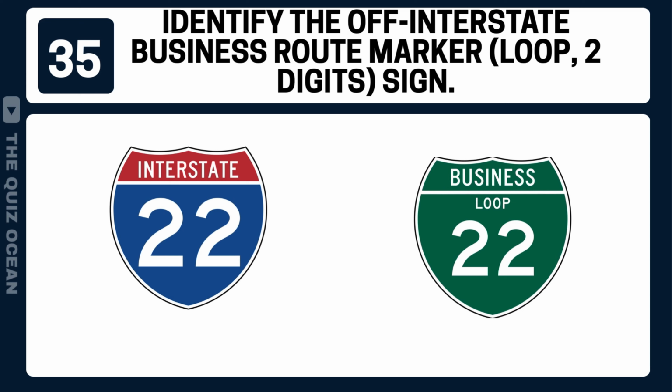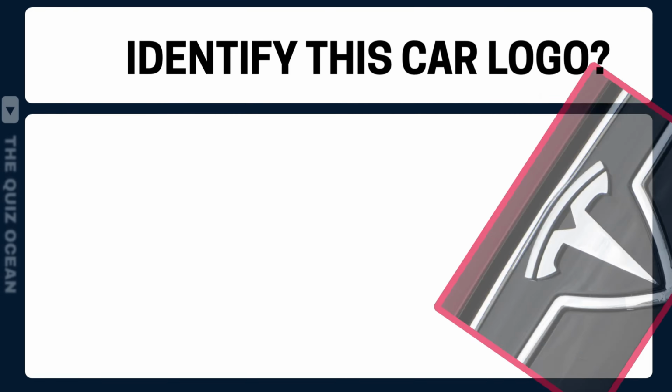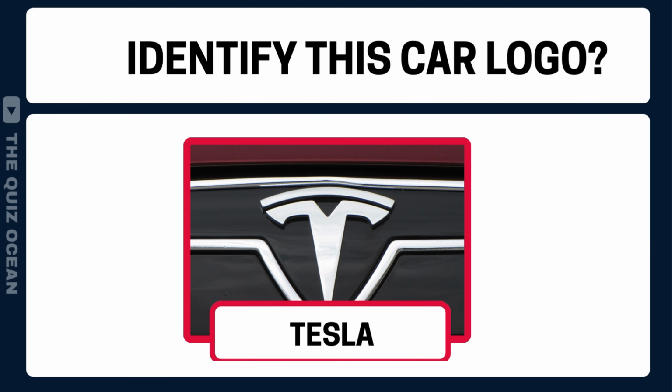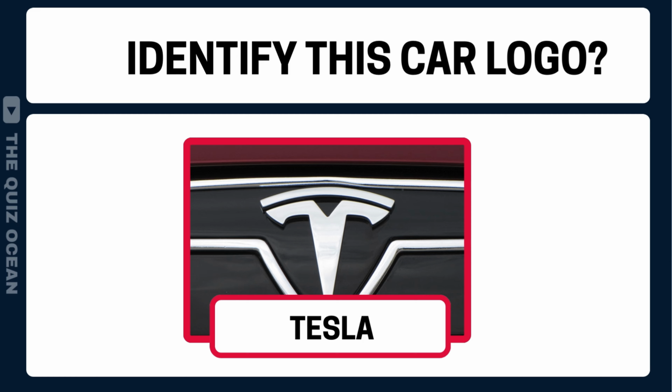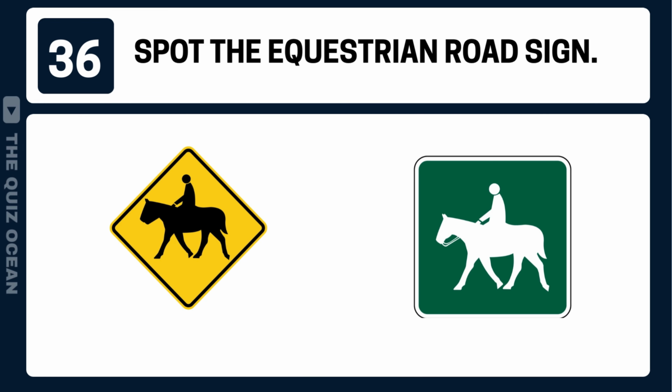Identify the off-interstate business route marker, 2-digit sign. Identify this car logo. This is the official Tesla logo. Spot the equestrian road sign.